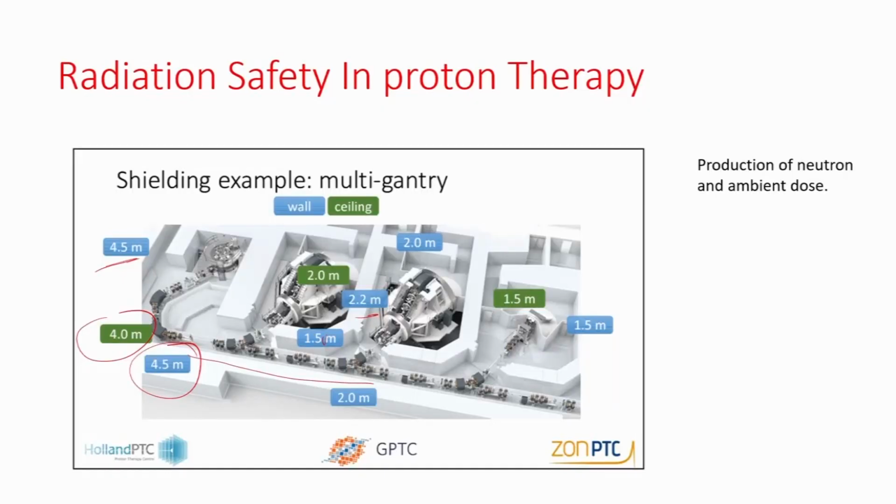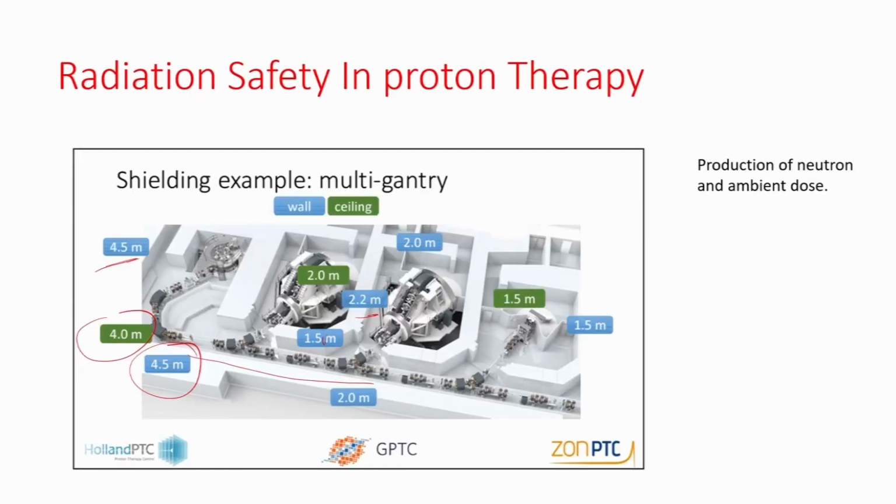Neutrons are the concern. That is why the ambient dose is the dose received by a radiation worker once the beam is off. After the beam is off, there is an interaction of radiation with the head or other structures, and it produces neutrons.